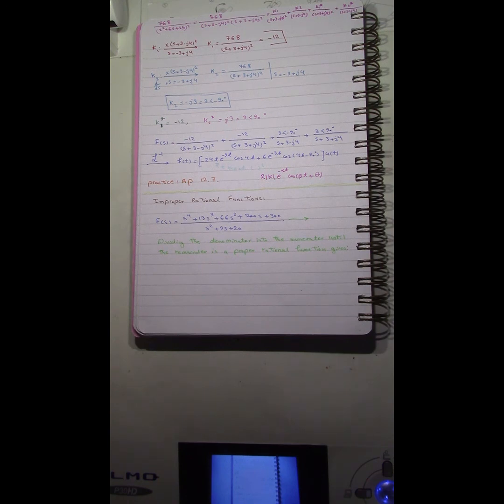We have it. You have it? 30 S plus 100, 30 S plus 100. Okay. Any other student? Okay. So this is the 1, 3, 1, 2, 3, 4. Just write that.